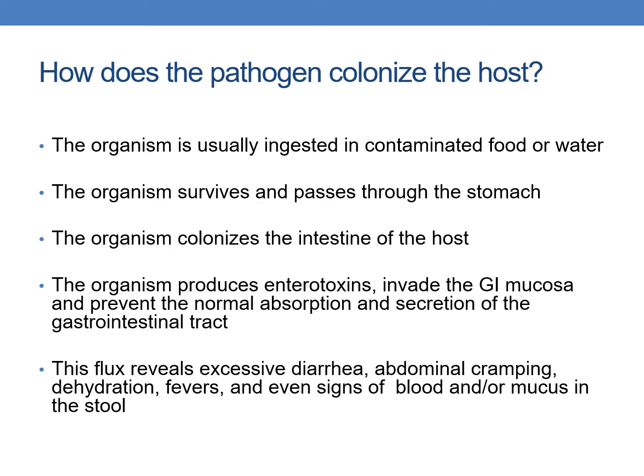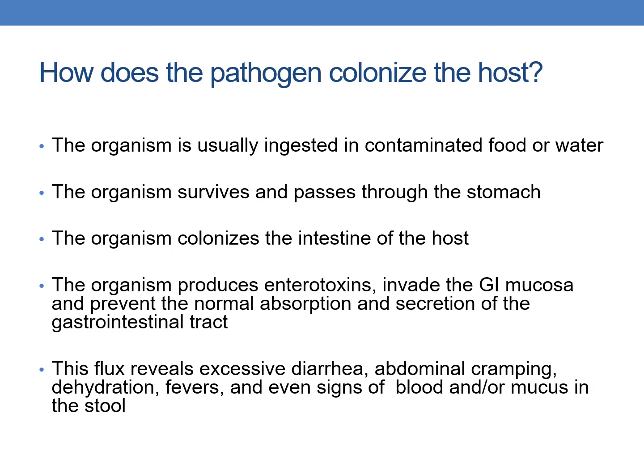So how does the pathogen go and colonize the host? First of all, we're usually exposed to the pathogen by ingesting contaminated food or water. The organism has to be able to survive the pH of the stomach and go through the stomach into the small intestine. And often bacteria or parasites go through the stomach because they are trapped inside a piece of cheese or some sort of dairy product like milk. The organism then colonizes the intestine of the host, and then the organism starts to produce toxins in the intestines.